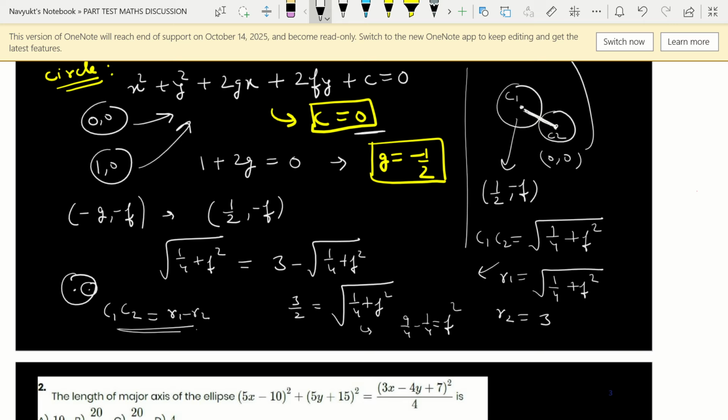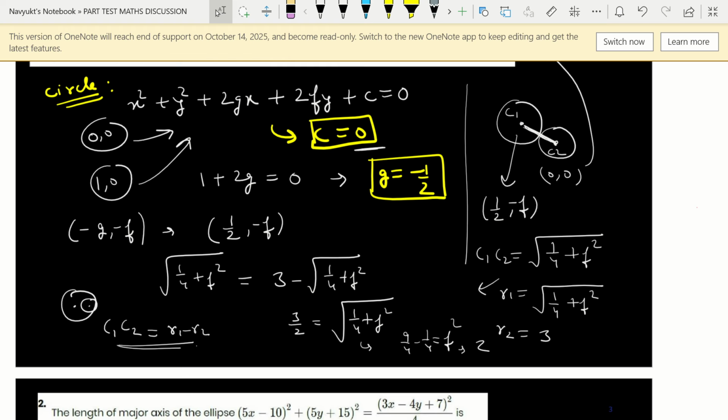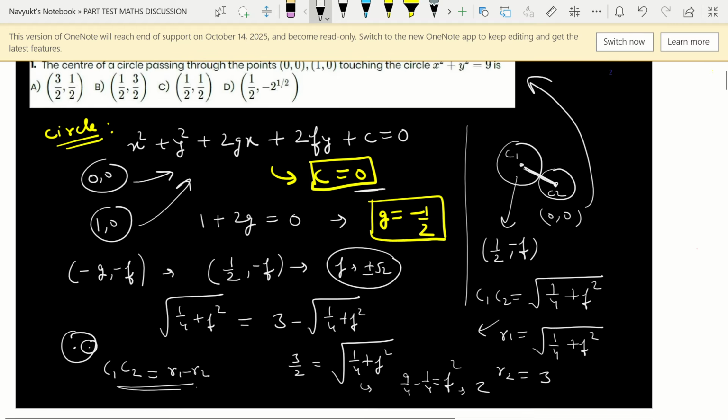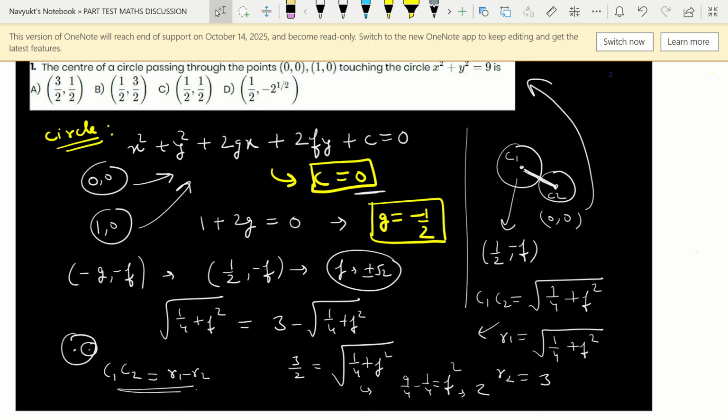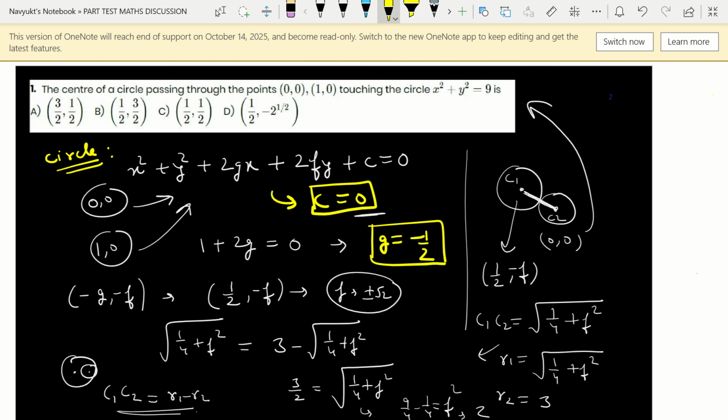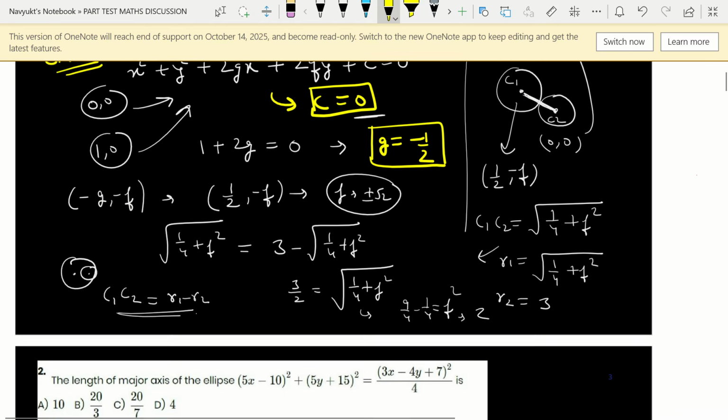The value of f square from here we'll get as how much? 4. No, my bad. We'll get 8 by 4, which is 2. Correct. So the value of f can be plus minus root 2. Finally, the center of this circle can be half comma plus root 2 or half comma minus root 2. We have only one option like this, which is option number D, correct? So option number D is the correct one.